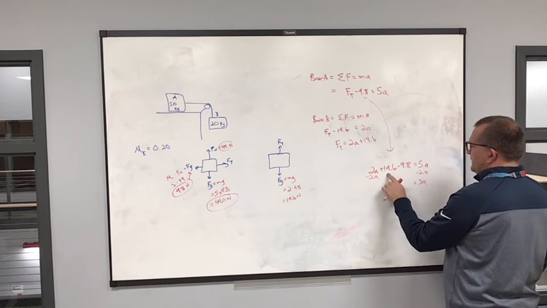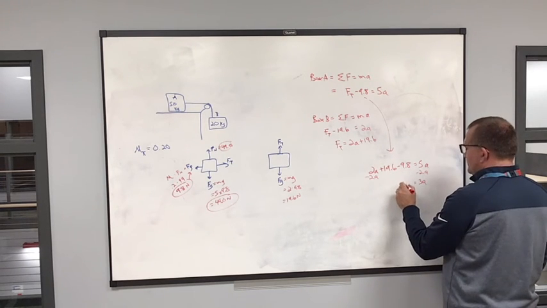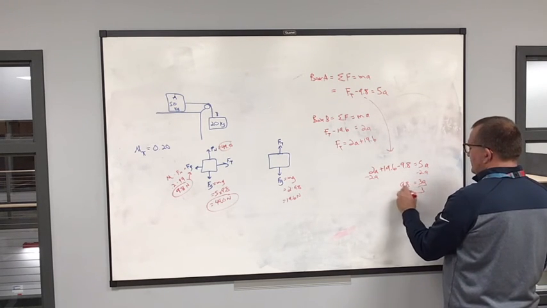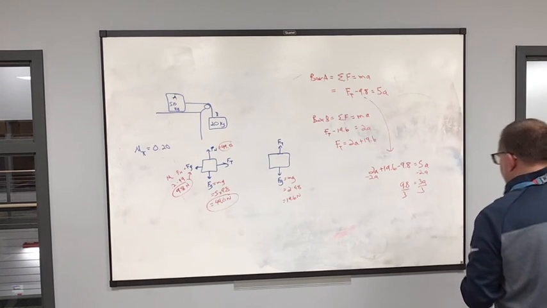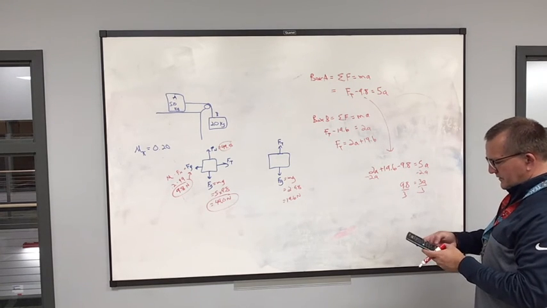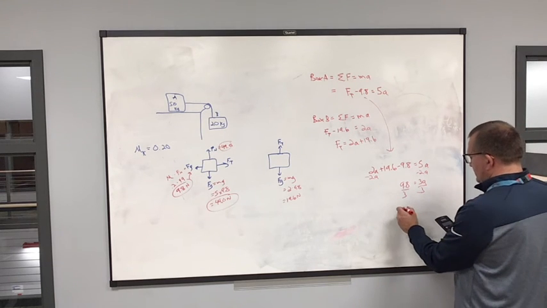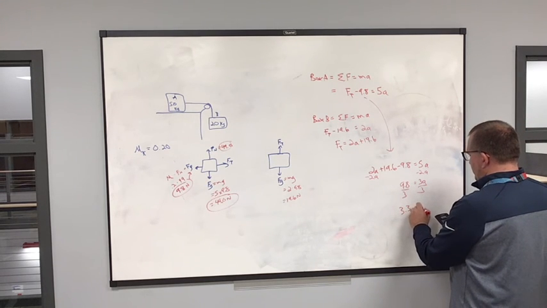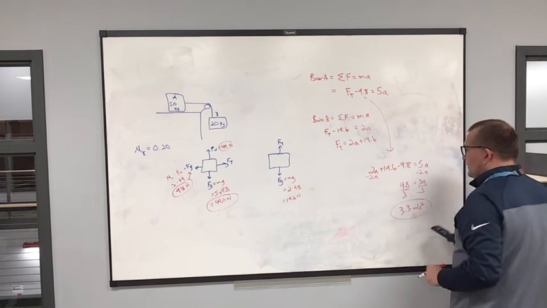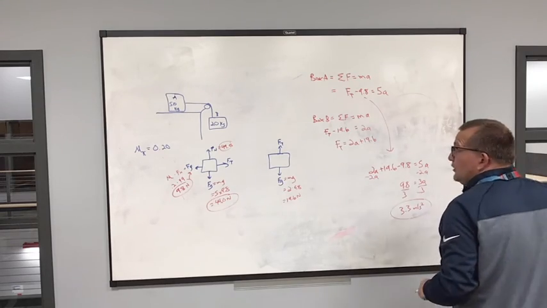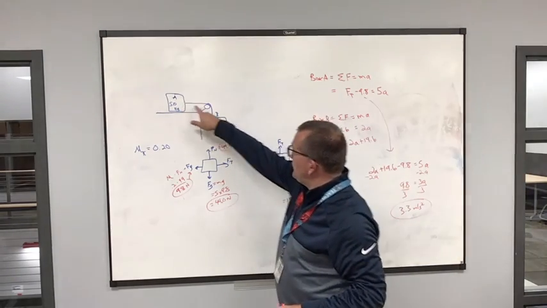It's 3a. 19.6 minus 9.8 is 9.8. And I divide by 3. 9.8 divided by 3 is 3.3, which will be my acceleration. So this is going to be 3.3 accelerating.